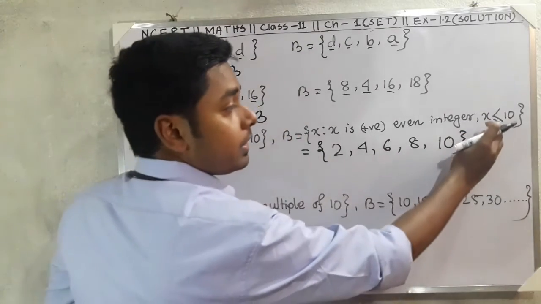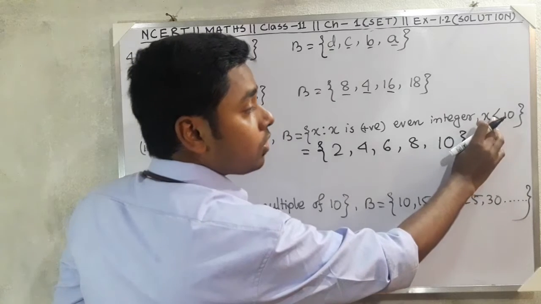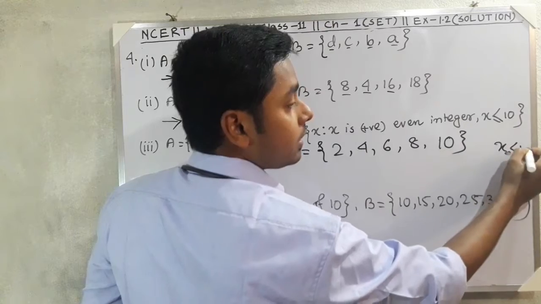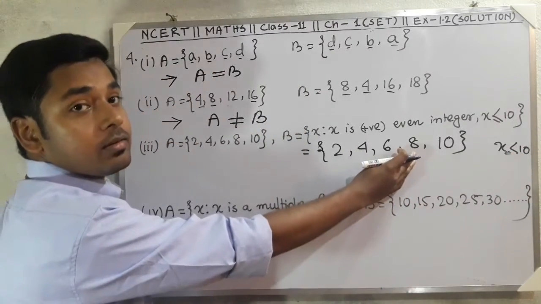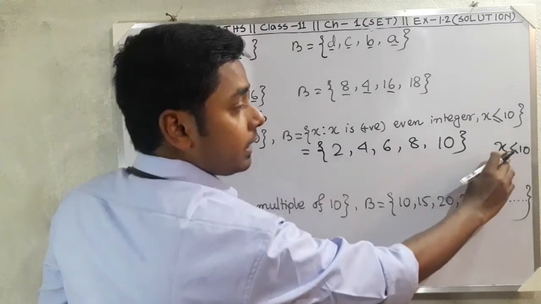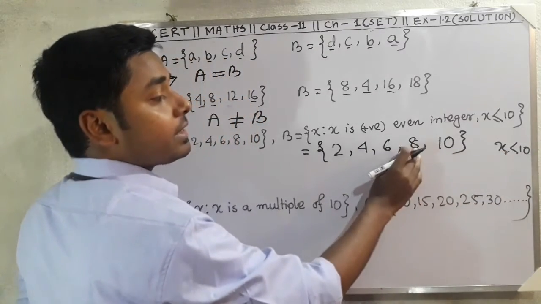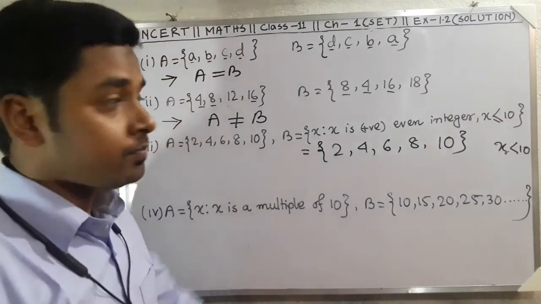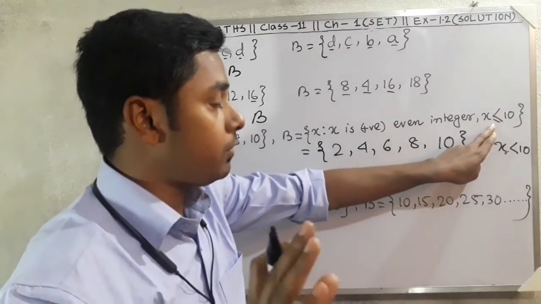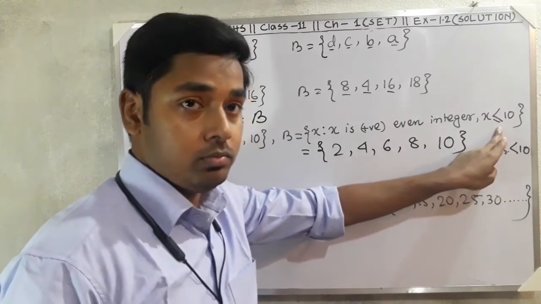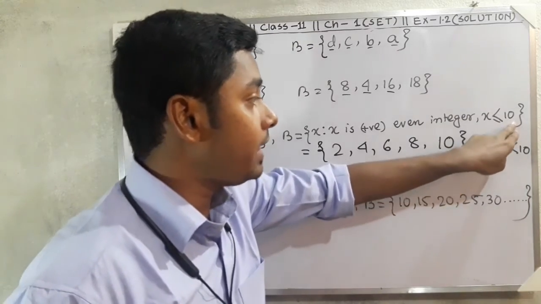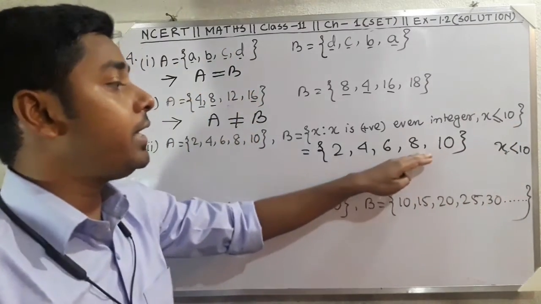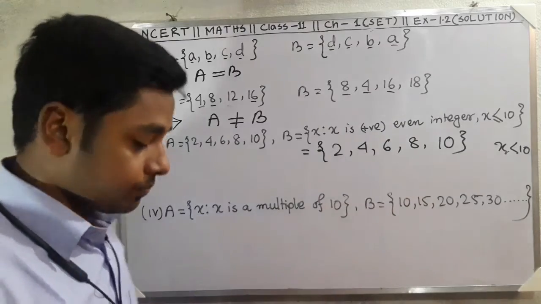If this equal sign was not there, we would have taken till 8. If it was x less than 10, we would take only till 8. Here there is an equal sign, that is why we take till 10. Is that clear? Whenever you have less than or equal to, you take till 10. Otherwise, whenever you have only less than 10, you have to take till 8. Is that clear to all?